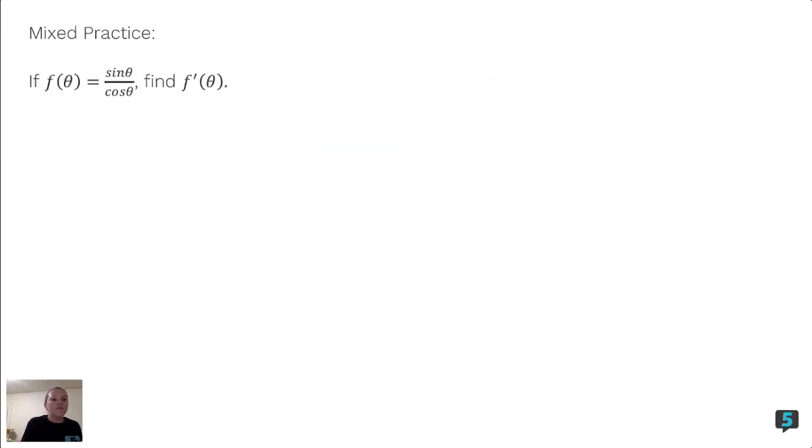We have f of theta equals sine theta over cosine theta, and I want us to find f prime of theta. How would you guys take this derivative?